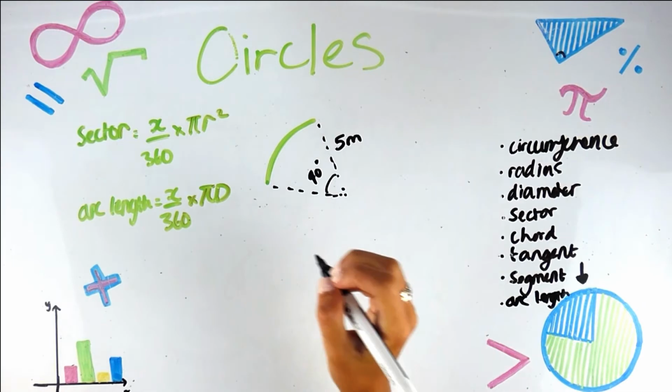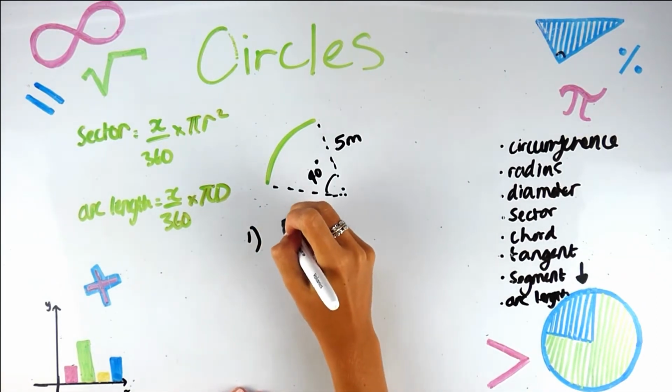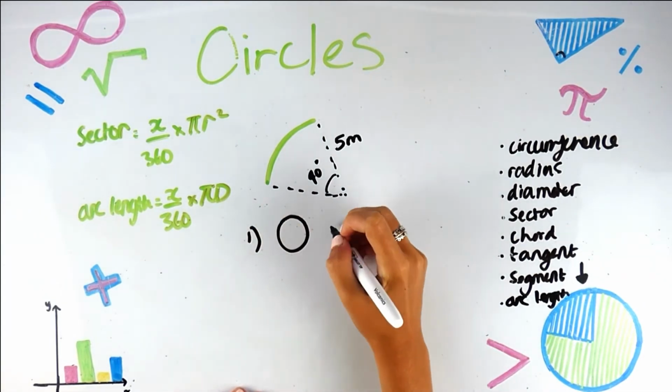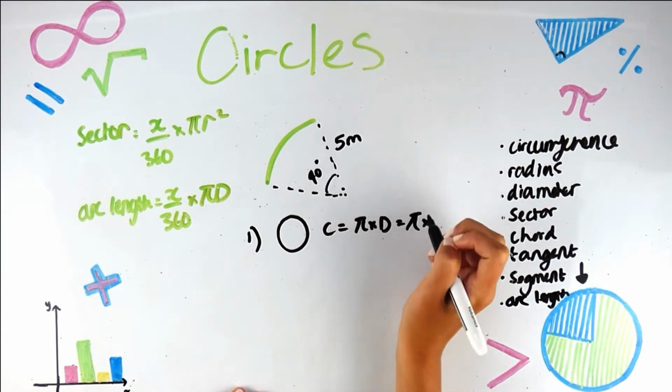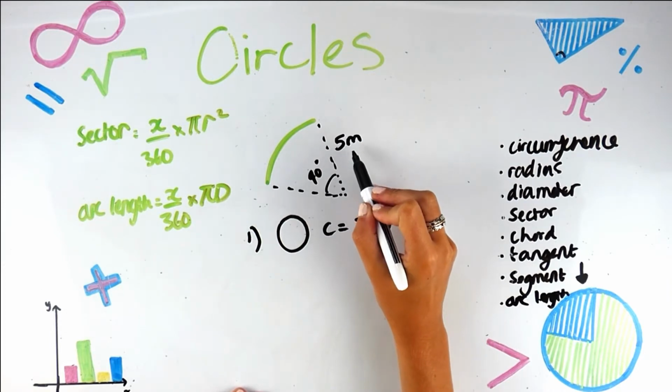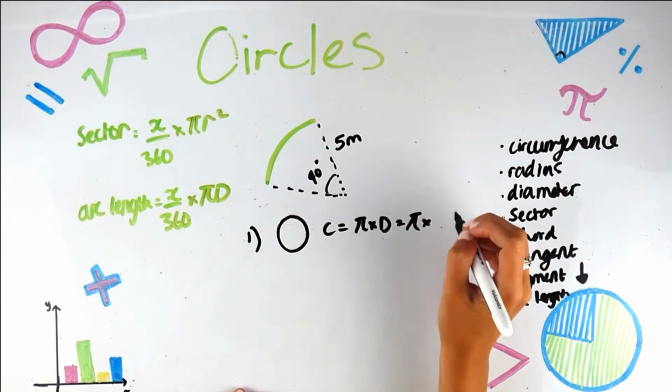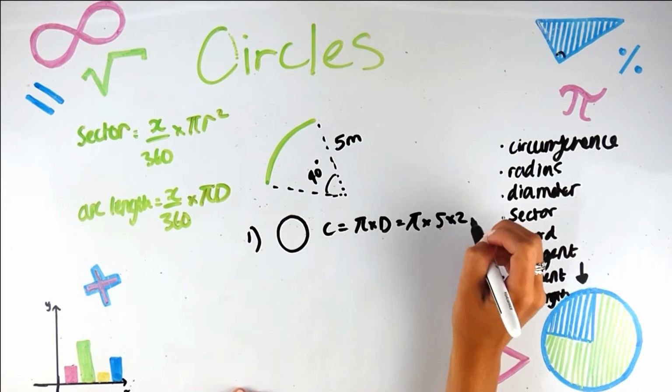or I can think through it and think, right, first, if I get the circumference of the whole circle, I know that that is pi times d, which in this case is pi times, and then careful, that's the radius, and I want the diameter, so the diameter is double the radius, so 5 times 2.